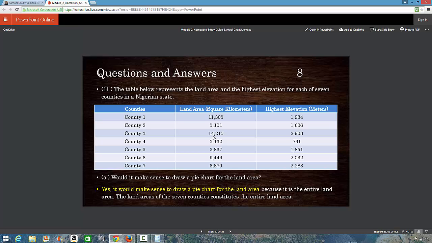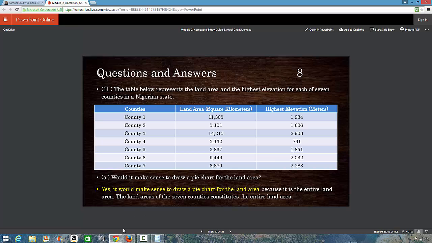So I have land area and then counties: 11,305, 5,101, 14,215, 3,132, 3,837, 9,449, 6,879. It's good you know how to use technology to do this, and StatCrunch is pretty simple to use. So county 1, 2, 3, 4, 5, 6, 7.